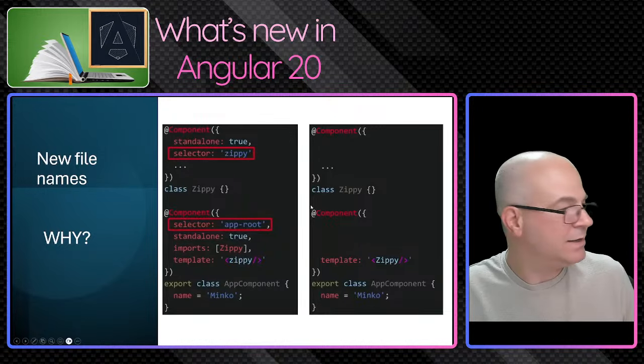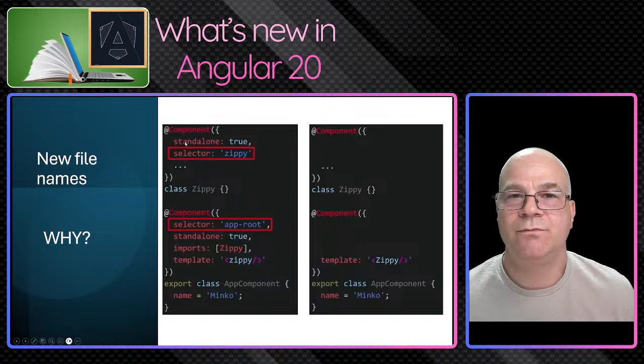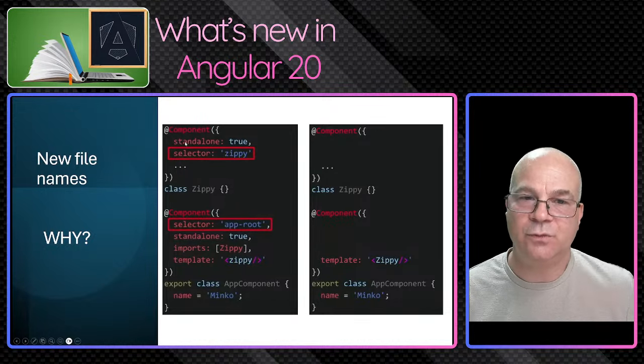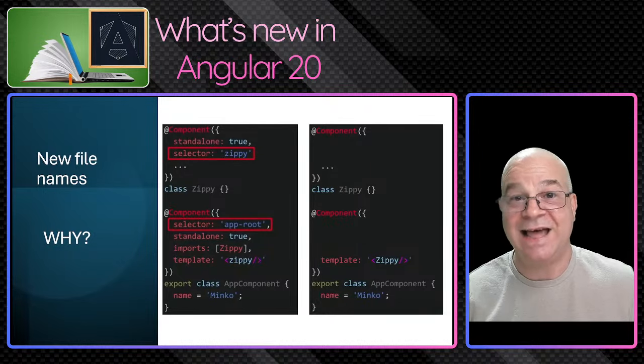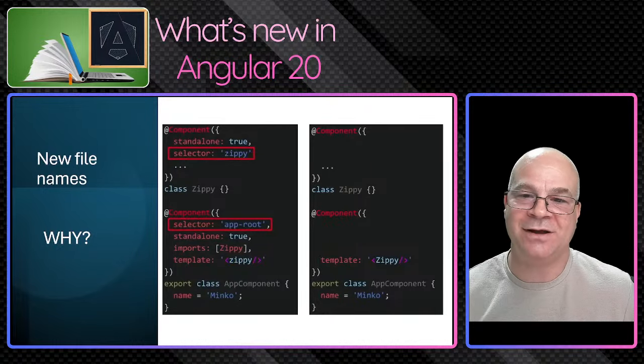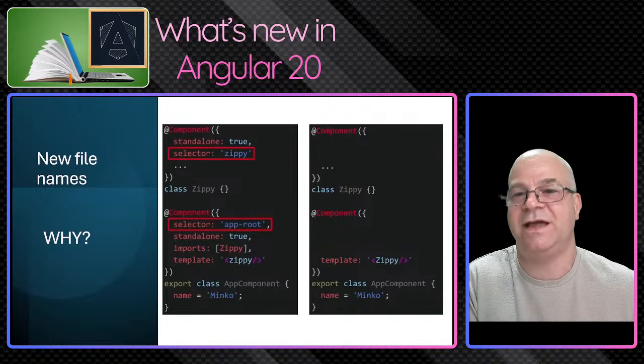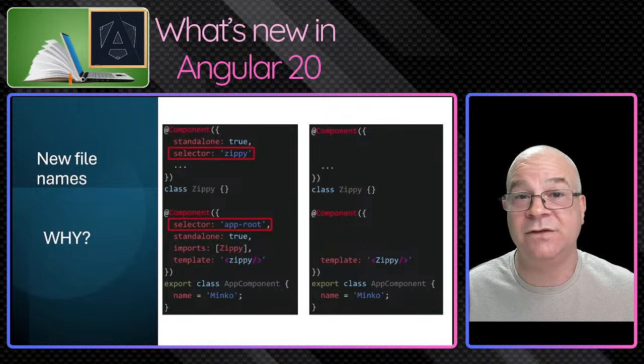But the point here is that they want to remove a lot of the boilerplate that we use today in order to use components. Because today, if we want to use another component, we need to import the class and also mention the selector in our files. And we need to give a selector for each component that we build.